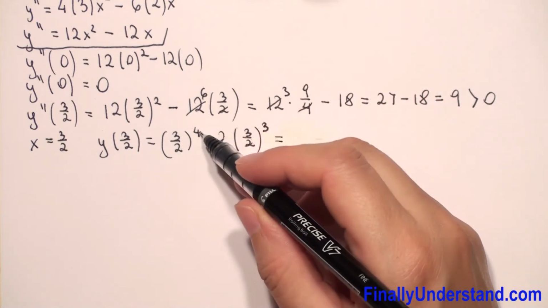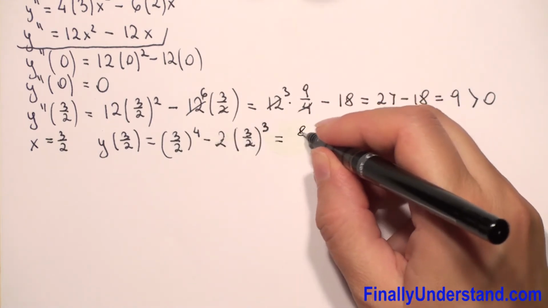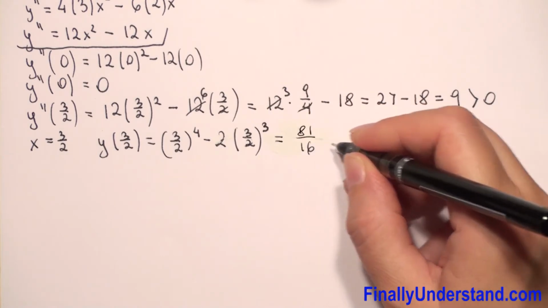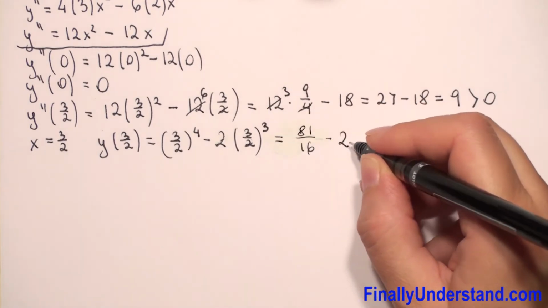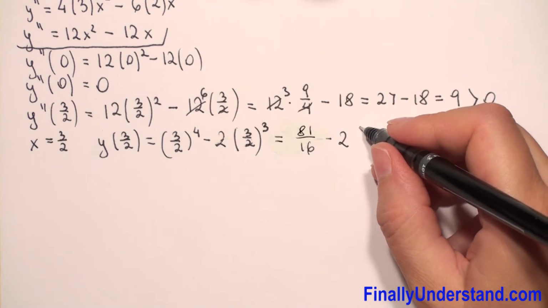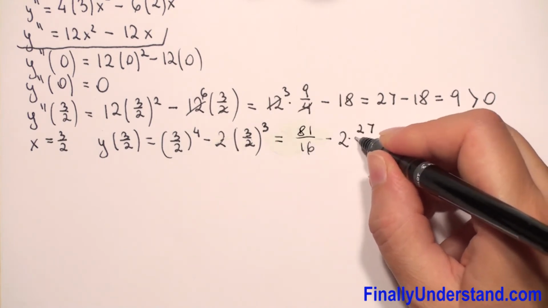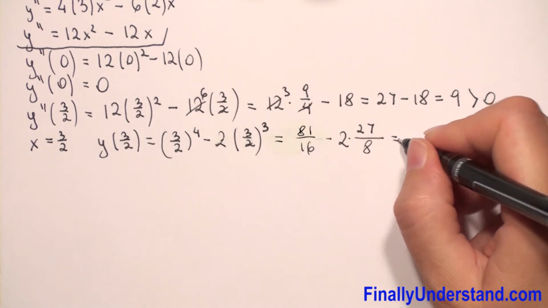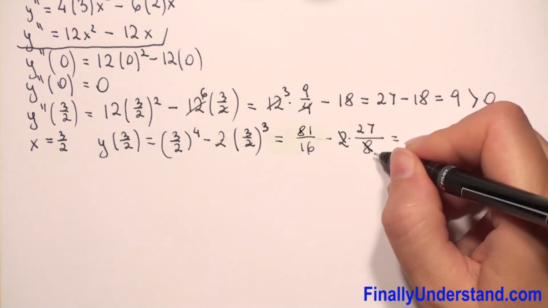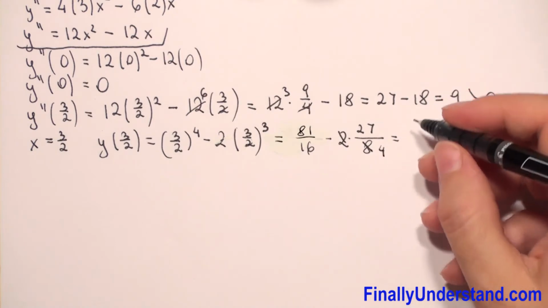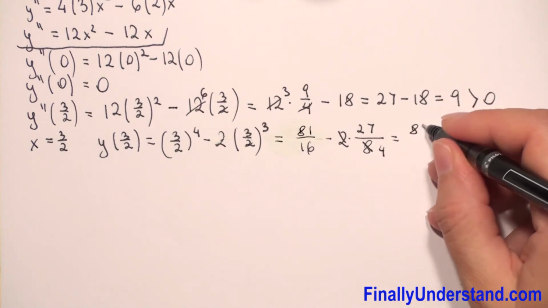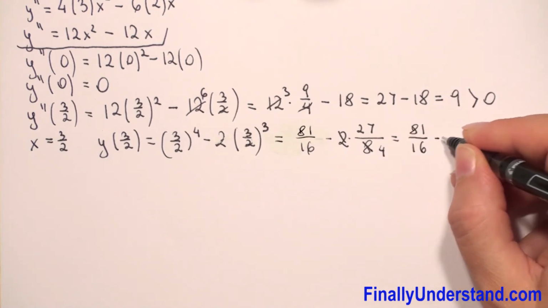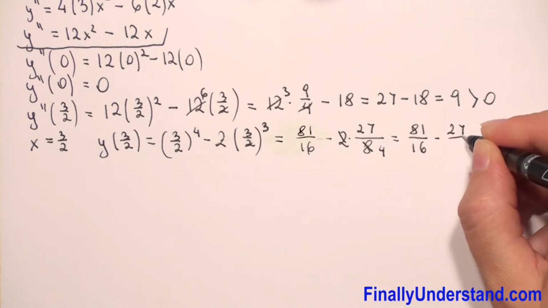3 over 2 to the 4th power will be 81 over 16, minus 2 times, 3 to the 3rd is 27, 2 to the 3rd is 8. So we can reduce 2 with 8, it will be 4. So we have 81 over 16 minus 27 over 4.